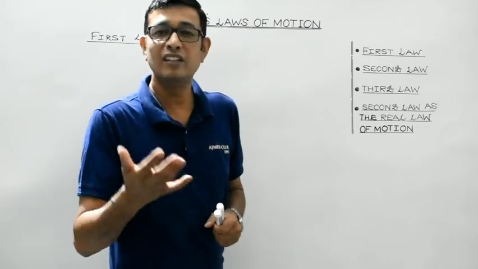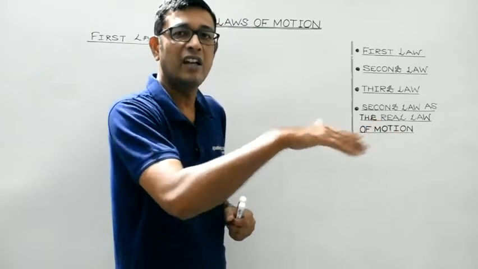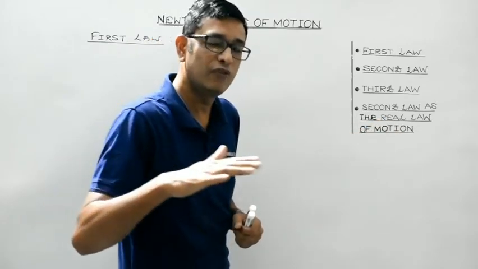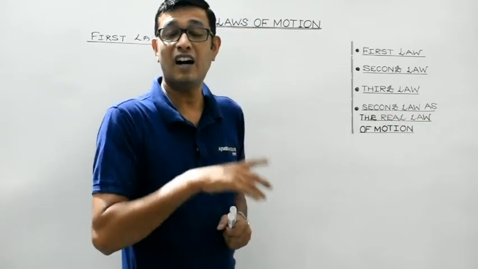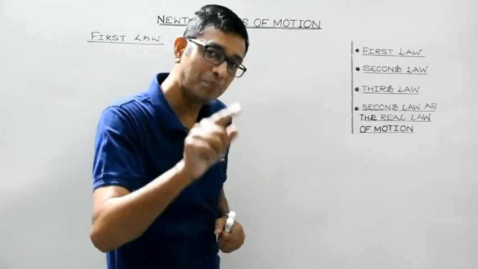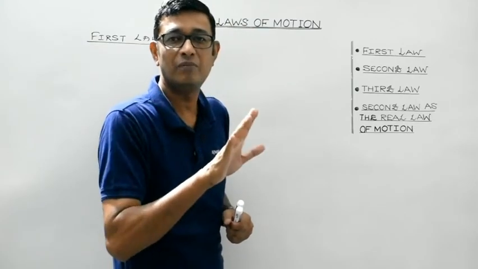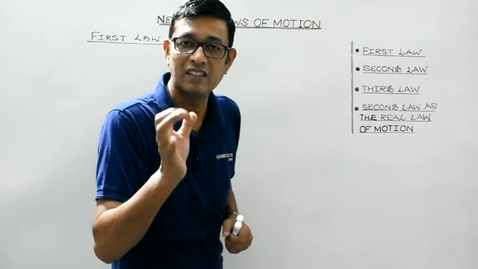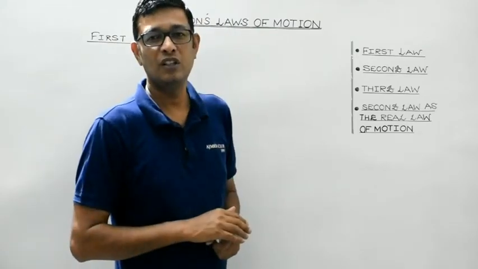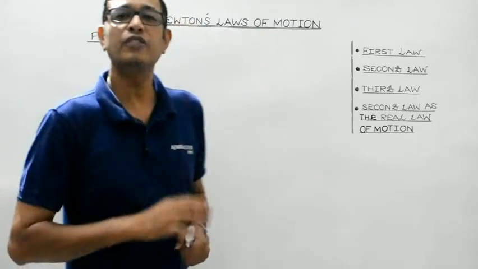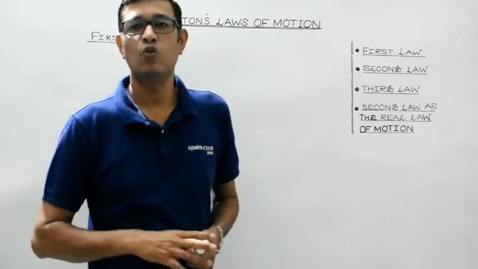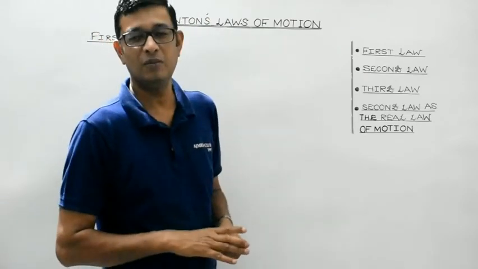If a body is in uniform motion along a straight line, it will keep on moving in uniform motion along a straight line, unless it is compelled to change its state under the influence of some external unbalanced force. So that was the concept of inertia, and this is what the first law of motion is all about.